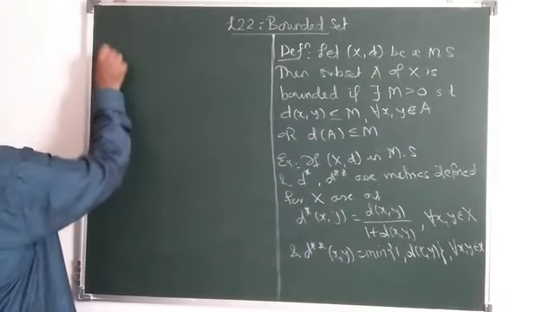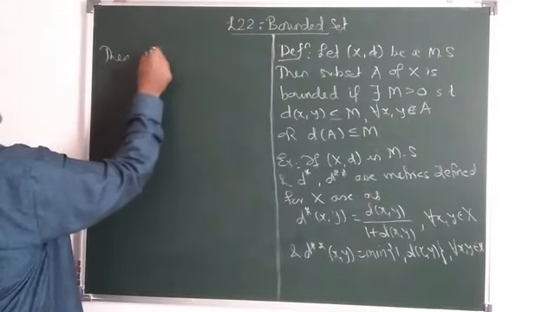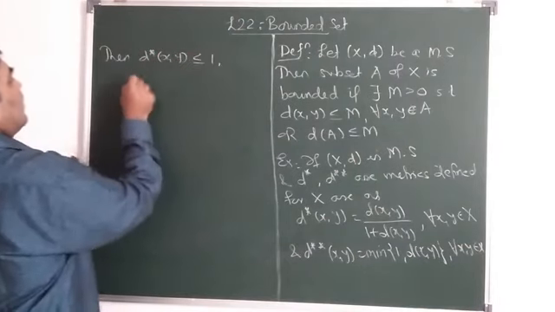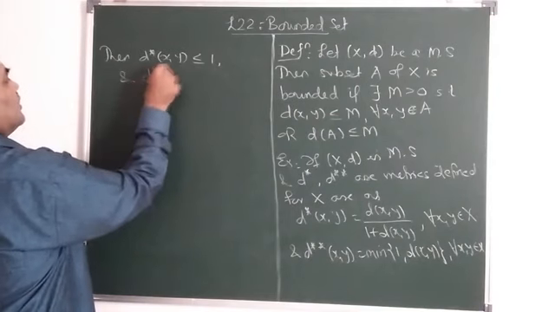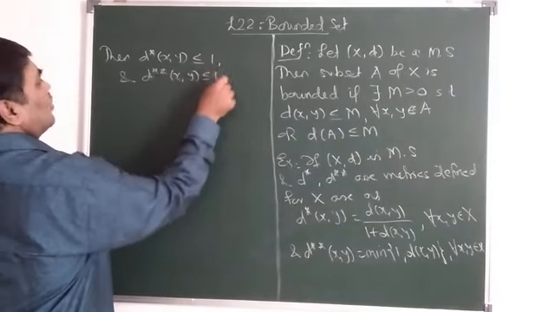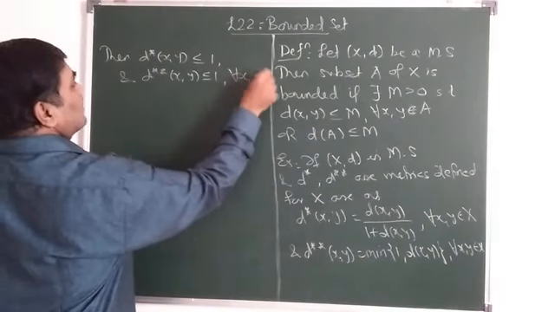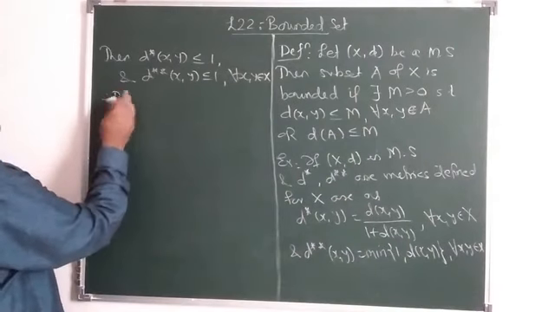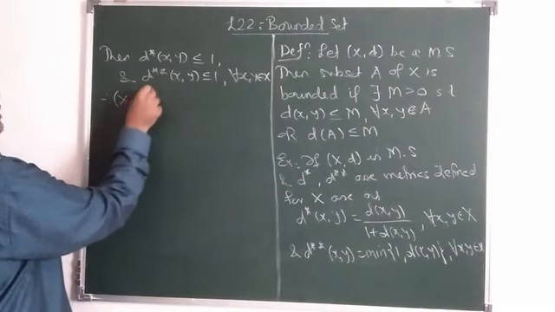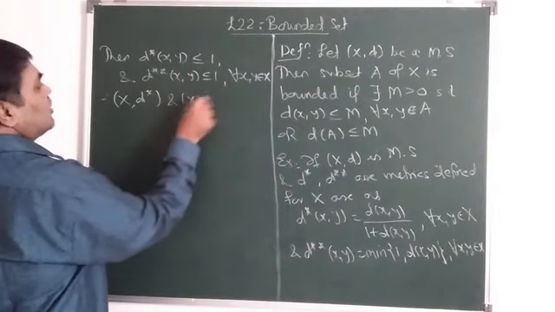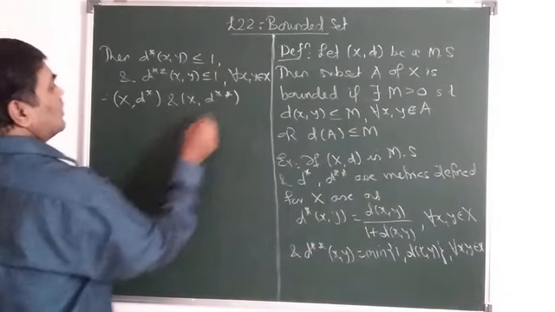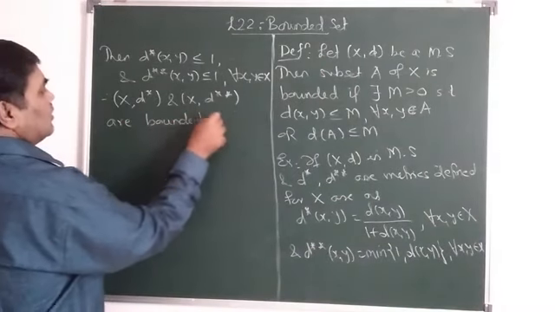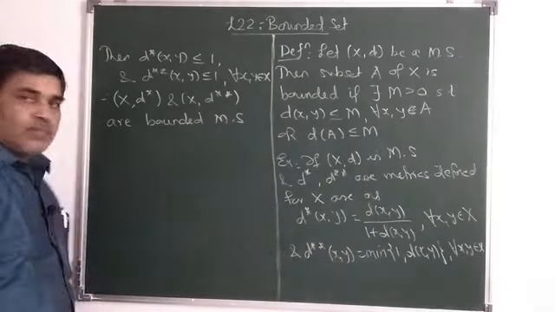Then d star of (x, y) is less than or equal to 1 and d double star of (x, y) is also less than or equal to 1 for every x, y belonging to X. Therefore, by definition, (X, d star) and (X, d double star) are bounded metric spaces.